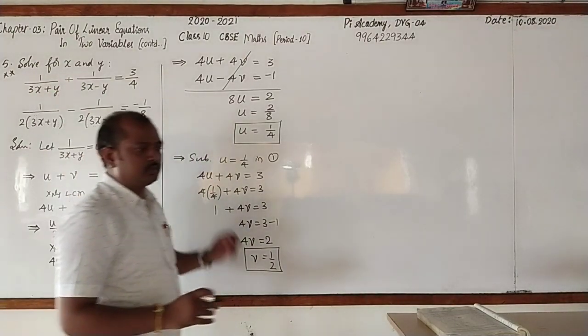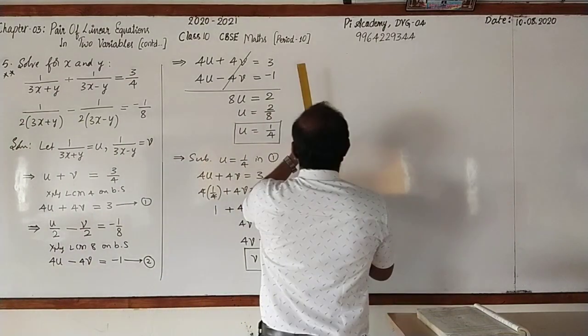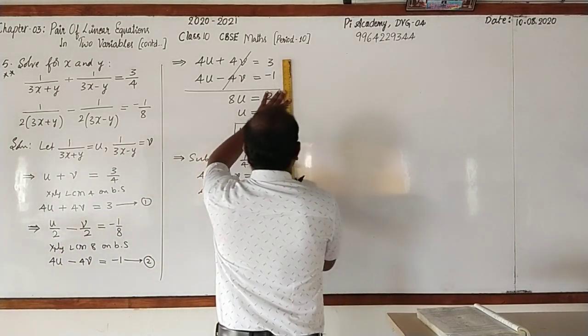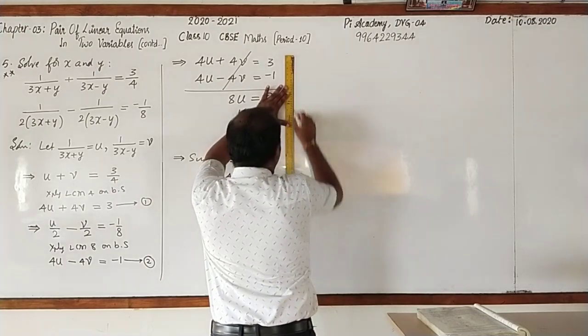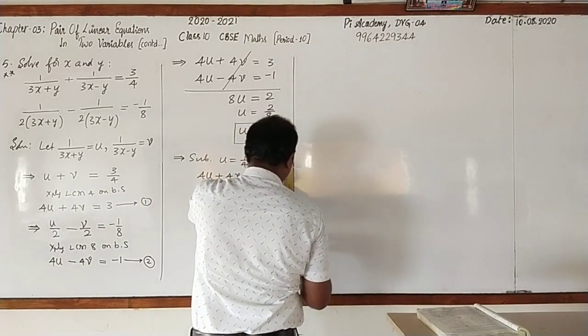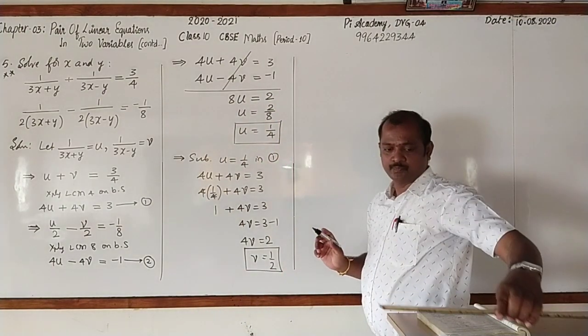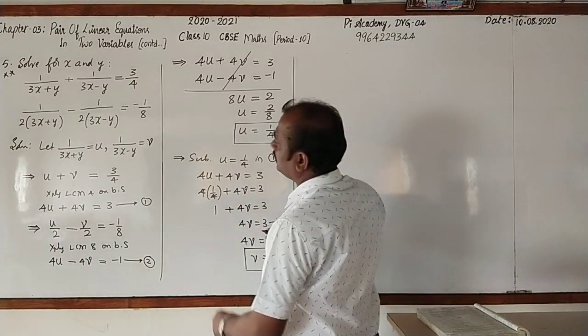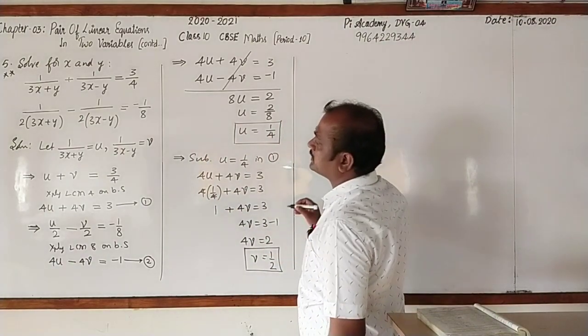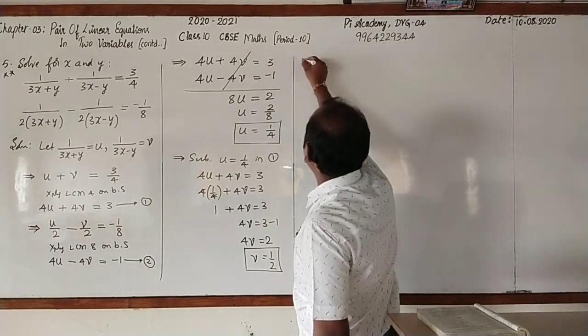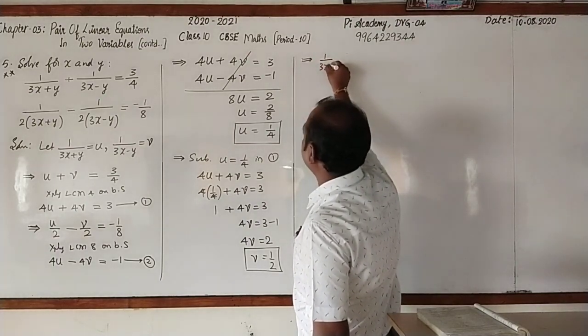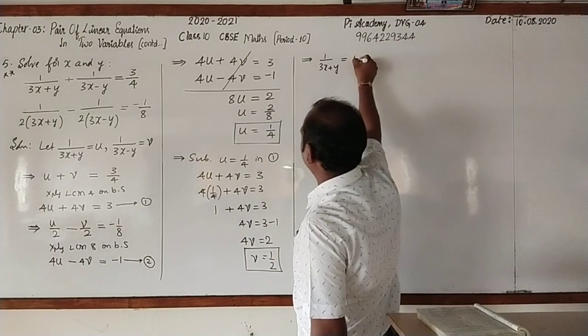Hence, let us substitute for u as well as v. Here I will go for writing that. First one, u. What is u? It is 1 by 3x plus y. This is equal to u.